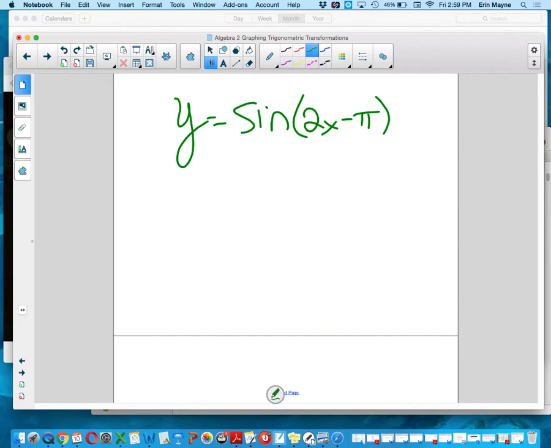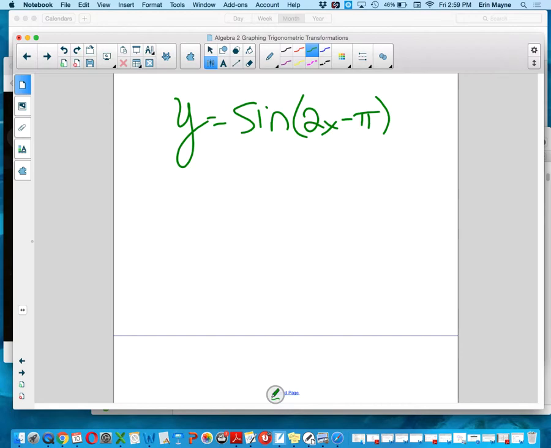Pi, right? Because it's the opposite of what you see. But you can't do it that way. It's opposite of what you see, and what you see is multiply and then subtract. Well, how do you undo that? You add and then divide. You got to go the reverse.